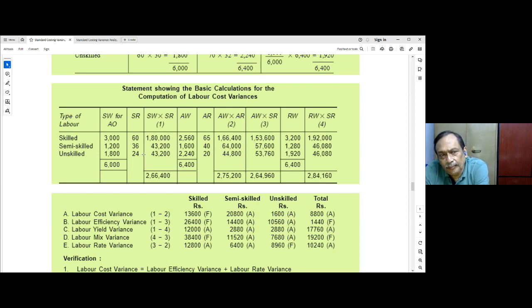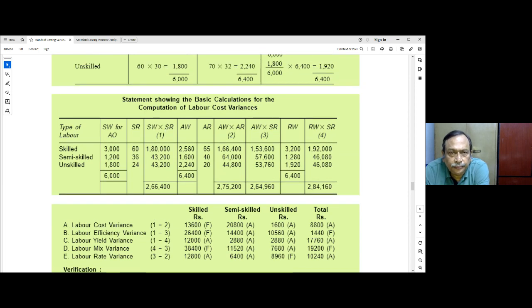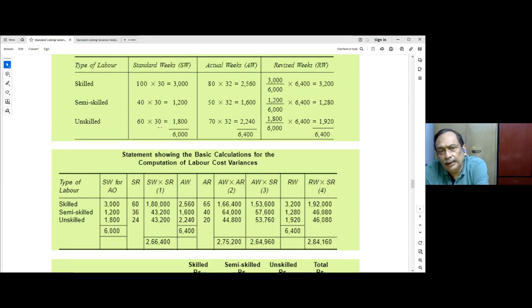The format is the same: type of labor, skilled, semi-skilled, unskilled. Then SW for AO, that is 3,000, 1,200, and 1,800. Total is 6,000. The standard rate is given in the question, that is 60, 36, and 24.